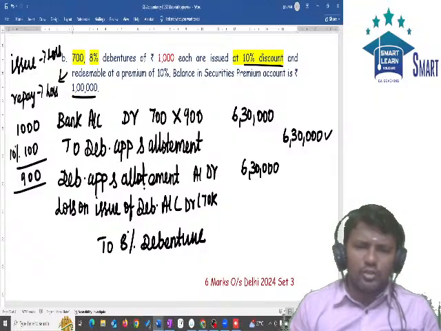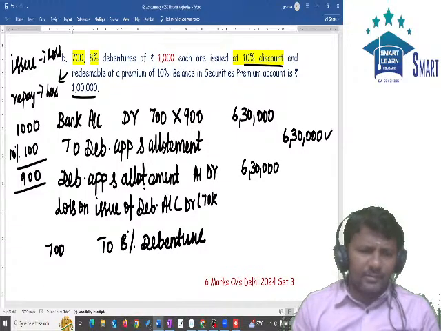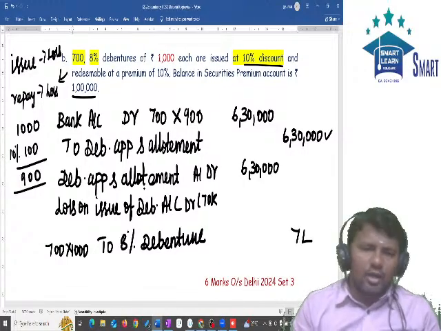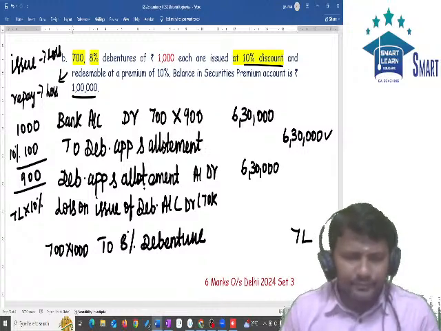This 70,000 should be calculated on face value. How many debentures do we have in total? 700 debentures. 700 into 1000 will give you 7 lakh. On this 7 lakh, 10% is 70,000. Already this 70,000 is debited.